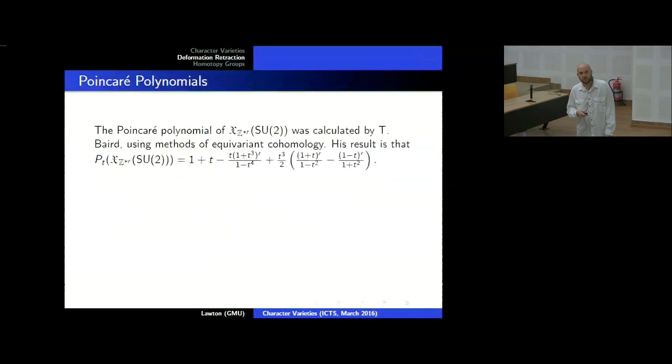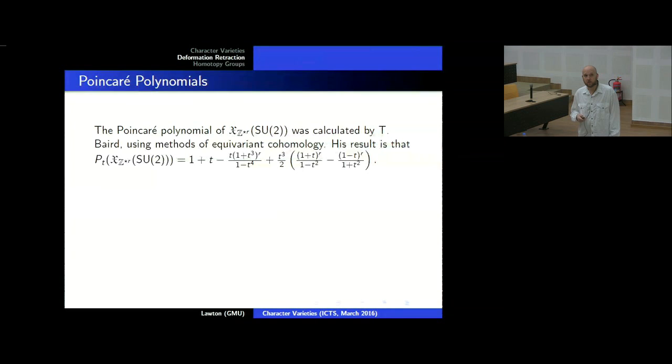Okay. So what do you get for it? Well, you get a lot, actually. Tom Baird, in his thesis, calculated the Poincare polynomial of this space, where this is just another notation for the free group of rank r. So the free group character variety for SU2.